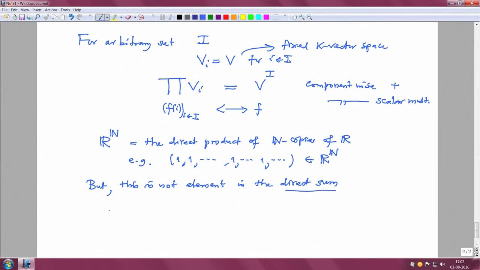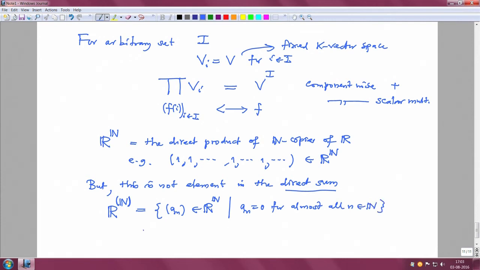In this case, the direct sum I am going to denote by R power N, but I should distinguish, so I will put a round bracket here. This is the set of all sequences x_n in R power N such that x_n equals 0 for almost all n.